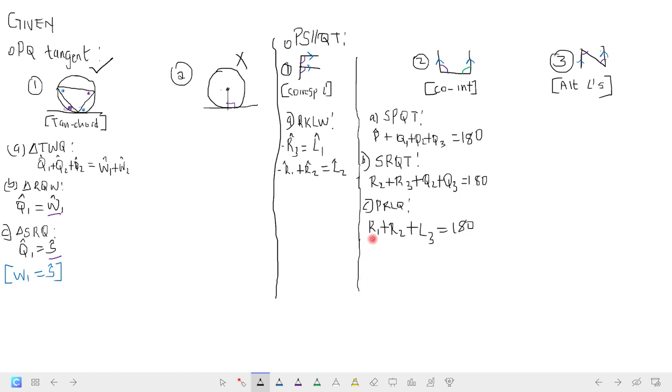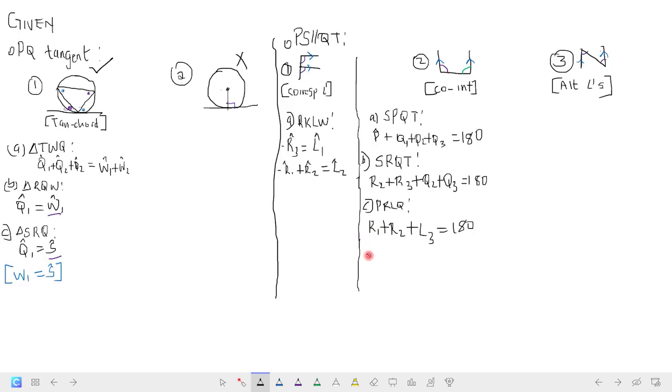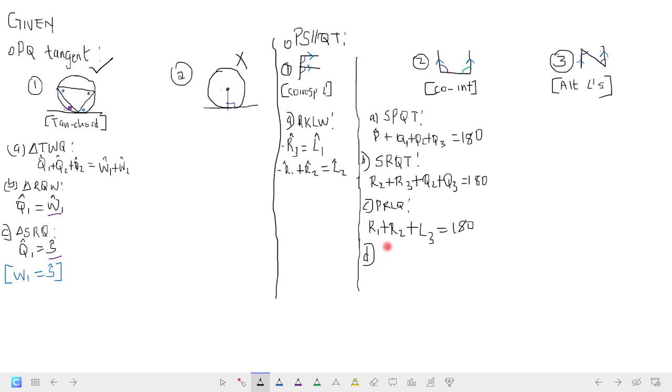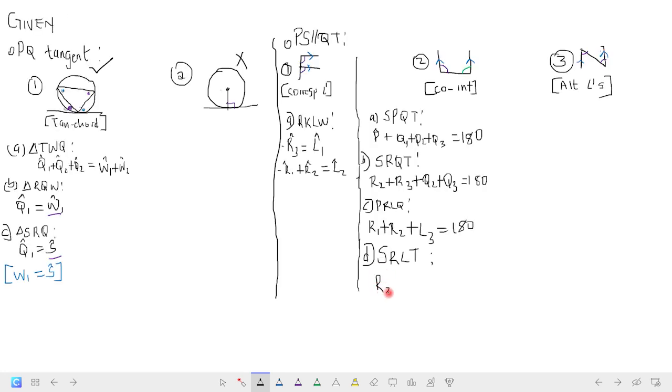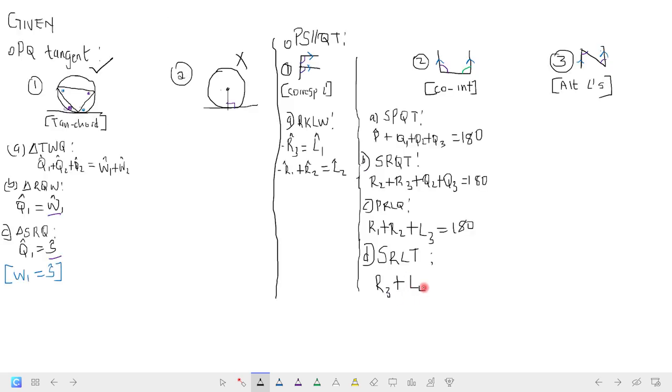And then finally R3 and L4. So R3 and L4, they are in SRLT. So here I can see that R3 plus L4, they give you 180.